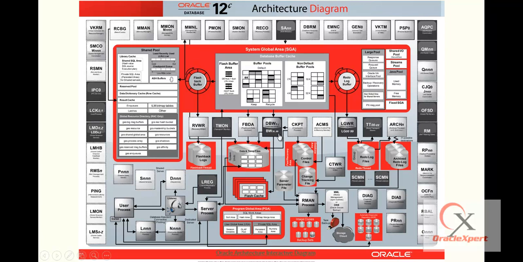The DB_WRITER_PROCESSES initialization parameter specifies the number of database writer processes to be started. There can be 1 to 100 database writer processes. The names of the first 36 database writer processes are from DBW0 to DBW9, and from DBWA to DBWZ.